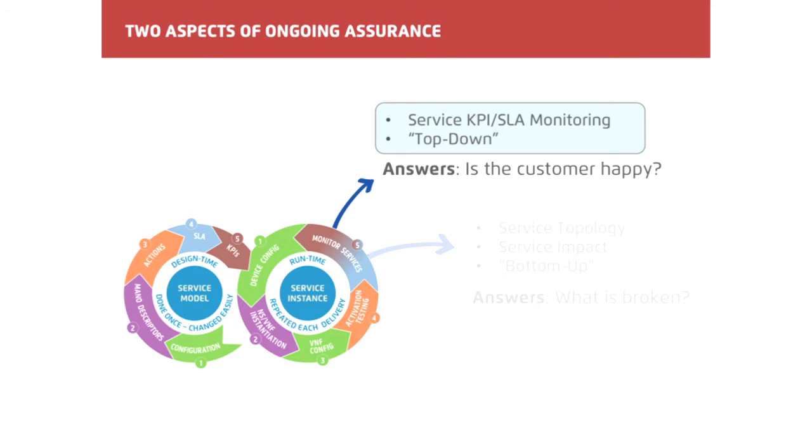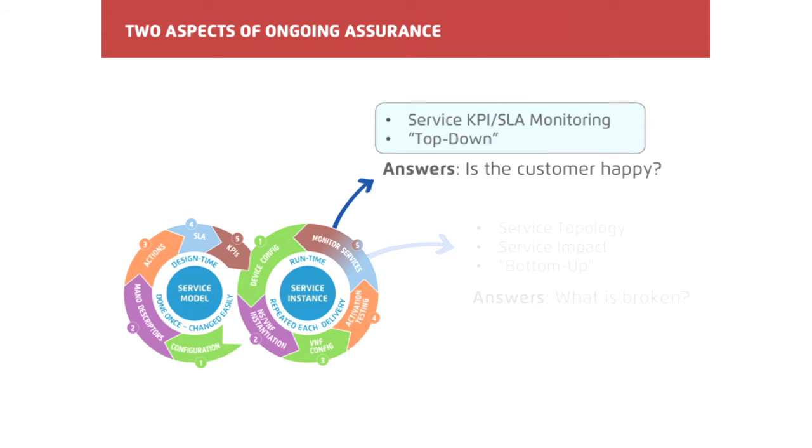What is slightly grayed out here is something we don't cover in this webinar, but it needs to be tightly bound as well: all those changes need to update your service impact tools, your service topology, and if you have state convergence in place, you will have all the dynamic changes driven from the service data model being reflected in those classical assurance tools.